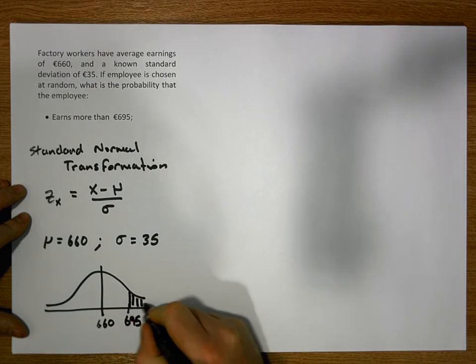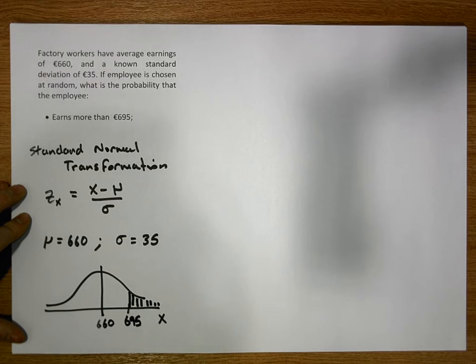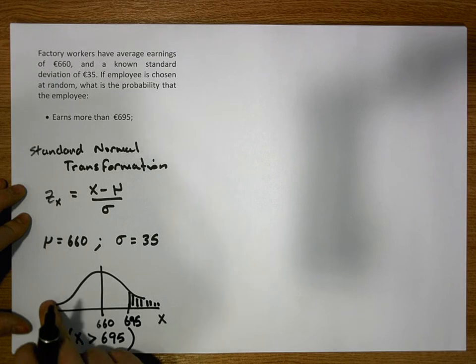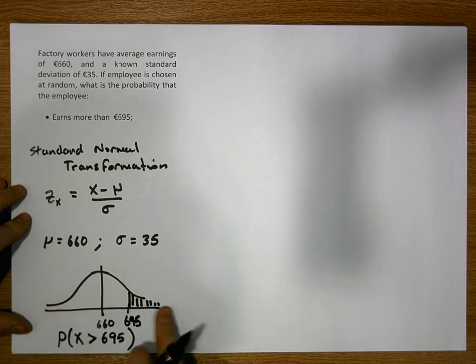So really what we're being asked is the probability that a randomly selected employee earns more than €695. All those employees are to the right hand side of 695, so this question is, can we calculate the area under the curve to the right hand side of 695?